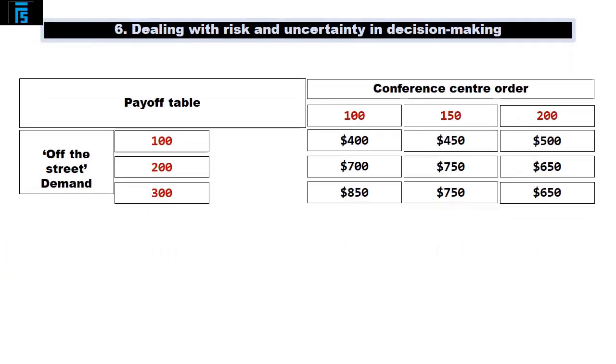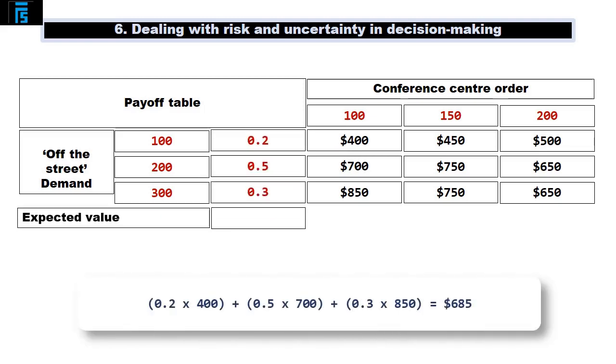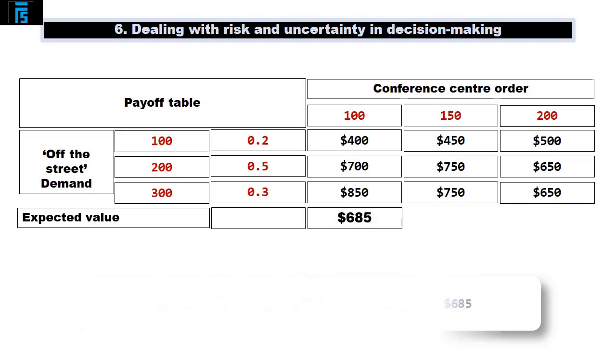We need to now bring in probabilities. If Jack signs up to supply 100 sandwiches with the conference centre, on average he can expect to earn 0.2 times 400 plus 0.5 times 700 plus 0.3 times 850 is $685.